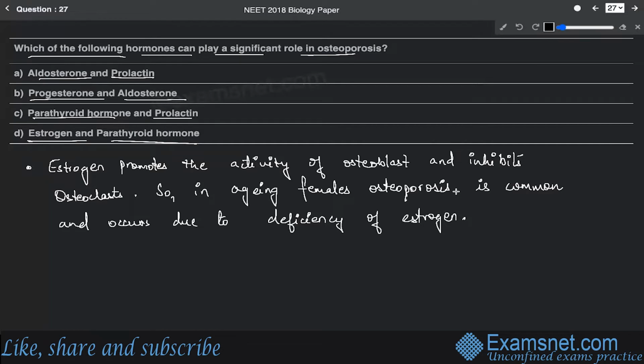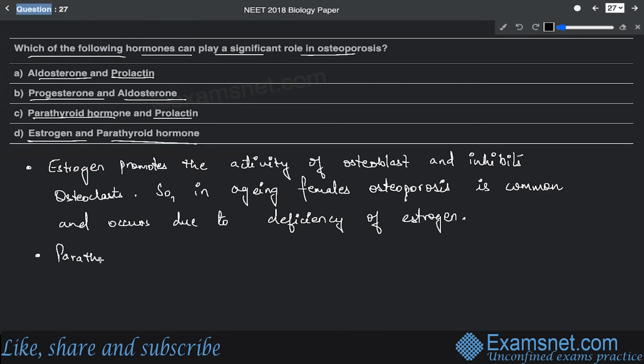So estrogen is one of the combinations of hormone that is involved in it, and the other hormone which is responsible for playing a significant role in osteoporosis is the parathyroid hormone, which is considered to be the parathormone, because parathormone is responsible for mobilizing the calcium from the bones to the blood. So since they transfer the calcium from bones to the blood, definitely there is a demineralization process. That means this process is called demineralization in the bones, and for that reason the osteoporosis is very prevalent.